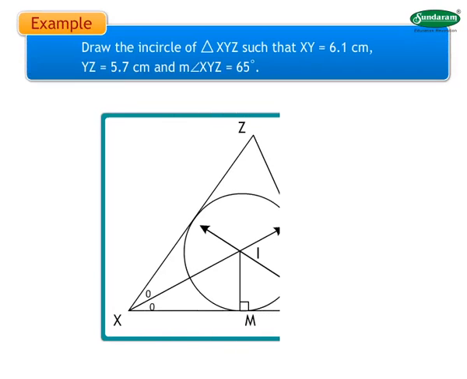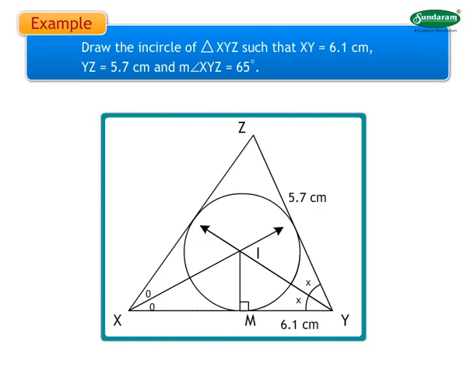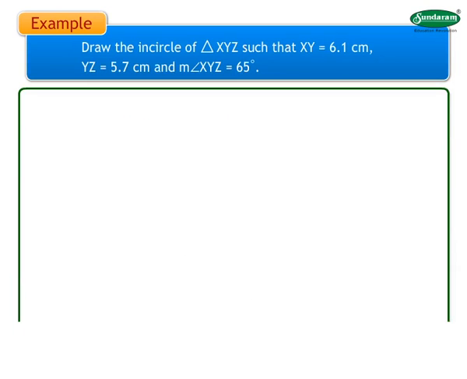Draw the incircle of triangle XYZ such that XY is equal to 6.1 centimeters, YZ is equal to 5.7 centimeters and measure of angle XYZ is equal to 65 degrees. Solution.